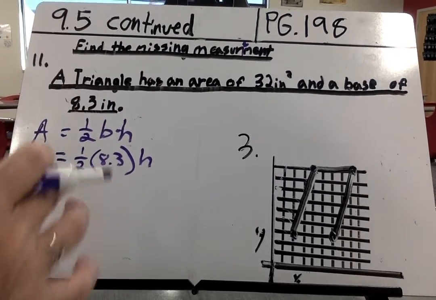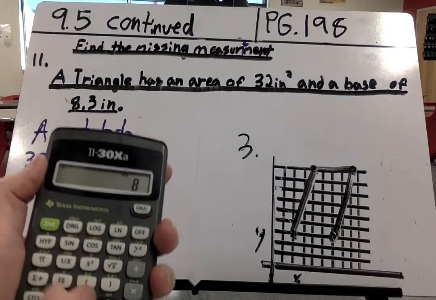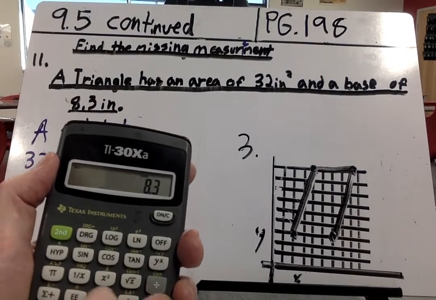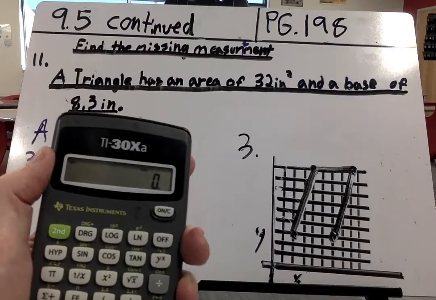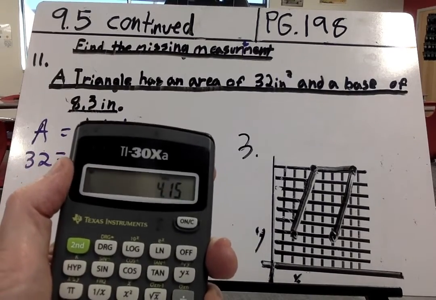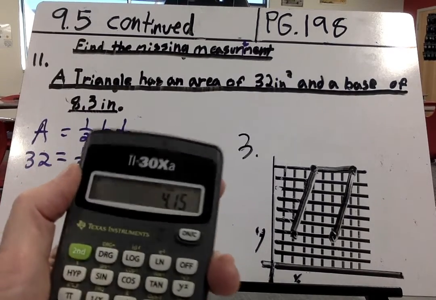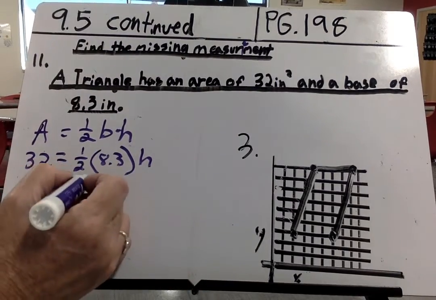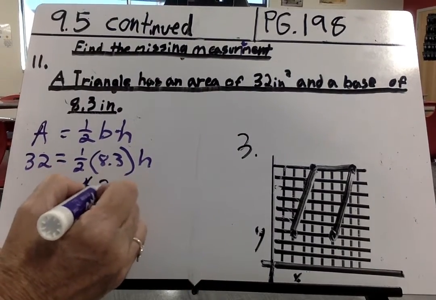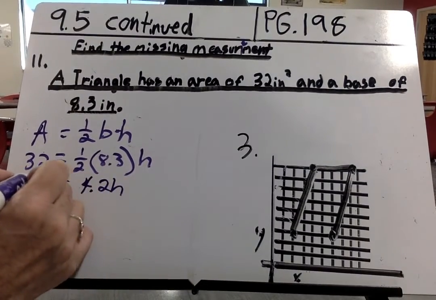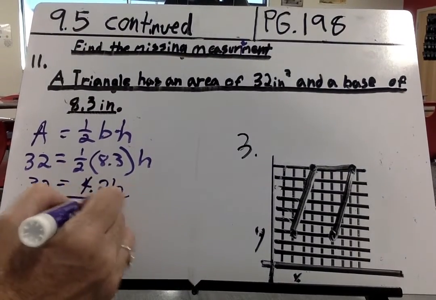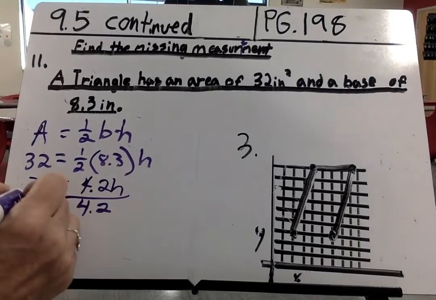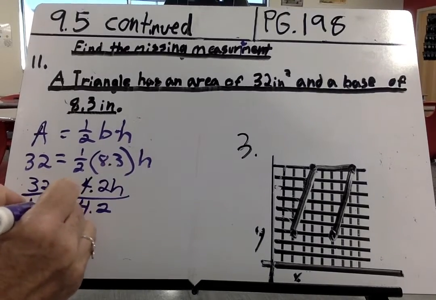So we need to multiply this first. If I go 8.3 times 0.5, which is 1/2, I'm just going to go 0.5. 4.15, I'm going to round that up to 4.2. So I say 4.2h equals 32. Divide by 4.2, and it's going to give us our height.